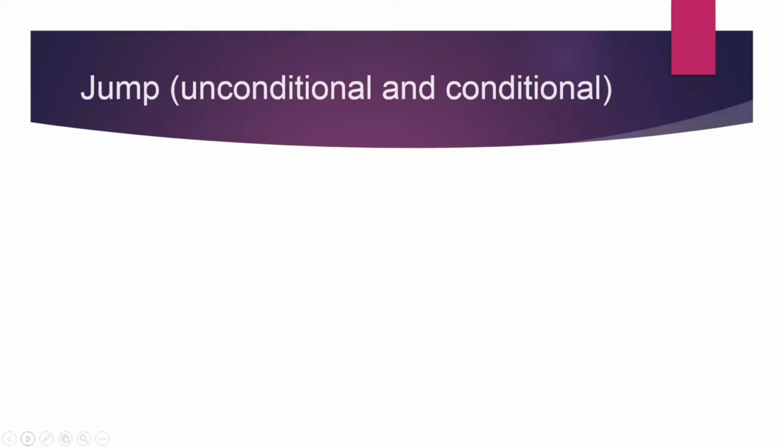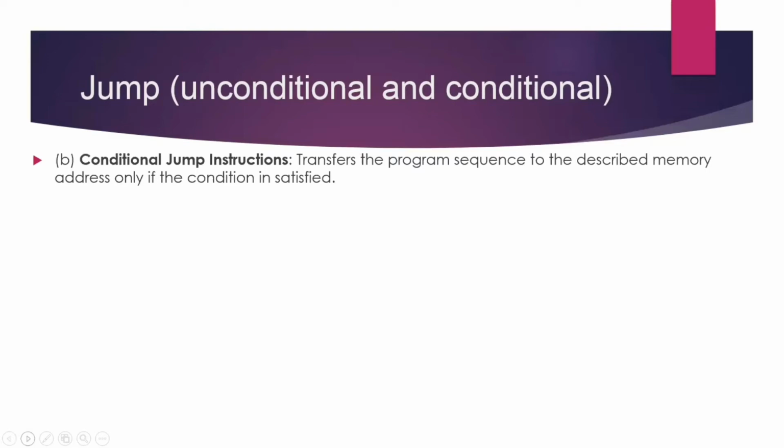Now we are going to learn about the conditional jump instruction. The conditional jump instruction transfers the program sequence to the described memory address only if the condition is satisfied. Conditional depends on the flag register.